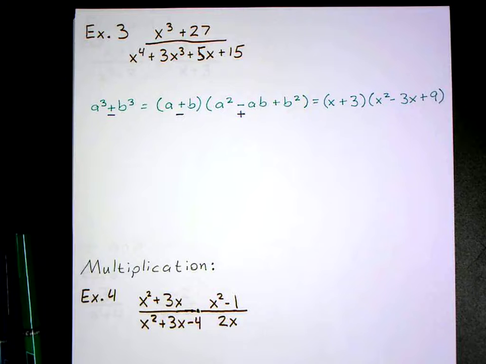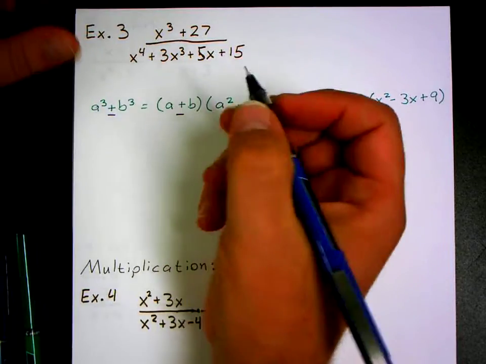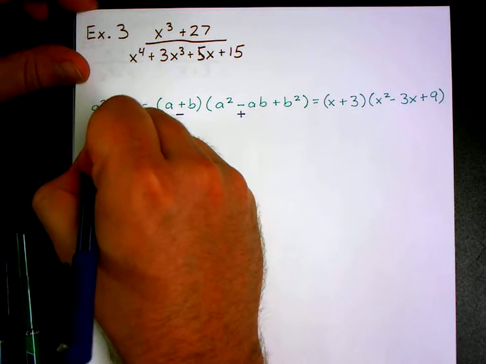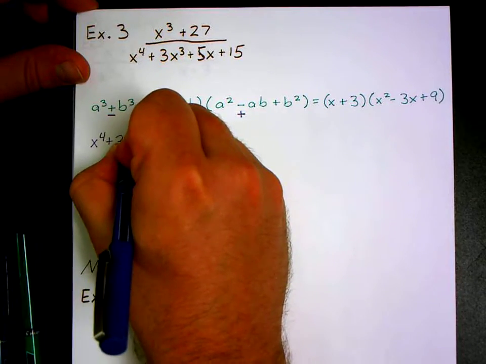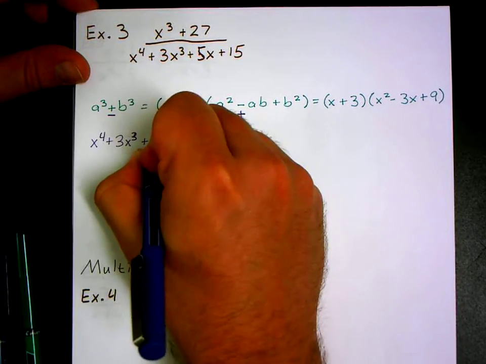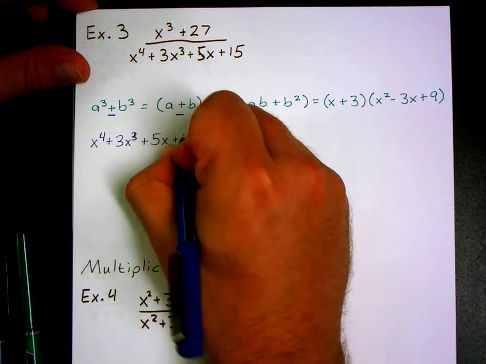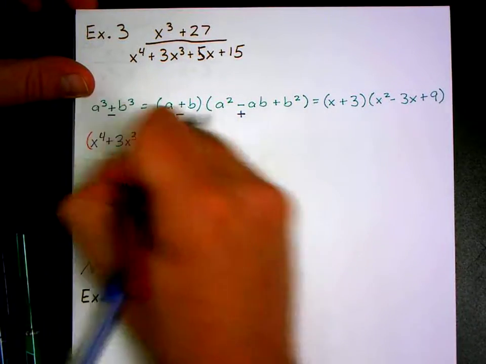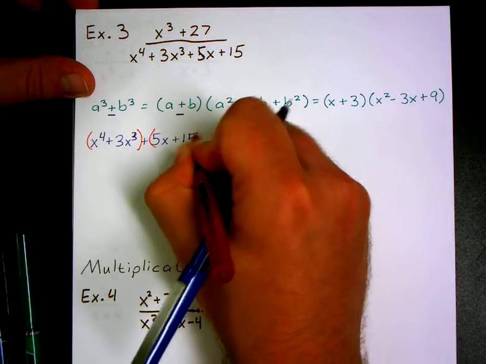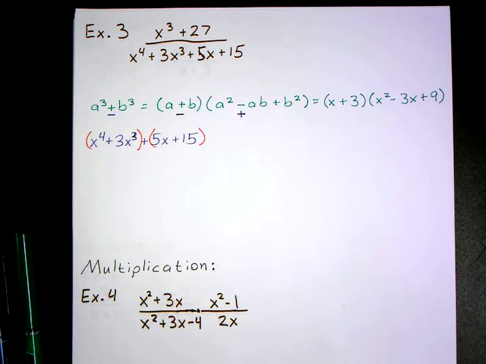Okay, with the x4, 3x cubed plus, that one is factoring by grouping. So what you do is you simply group them into 2s, because really you can't, besides greatest common factor, you can't factor anything with more than 2 terms.